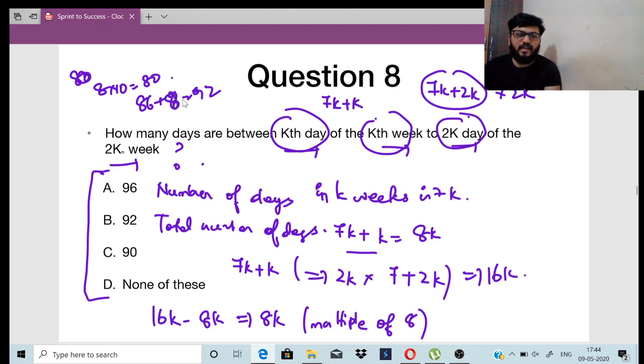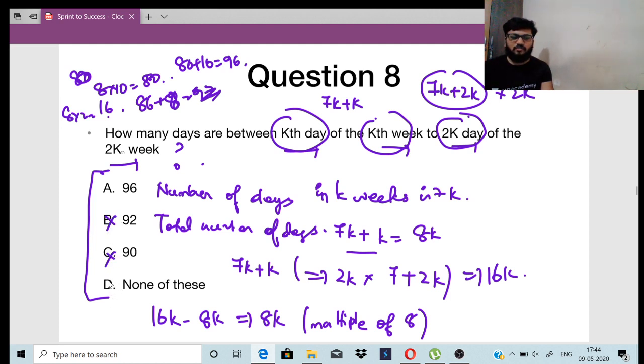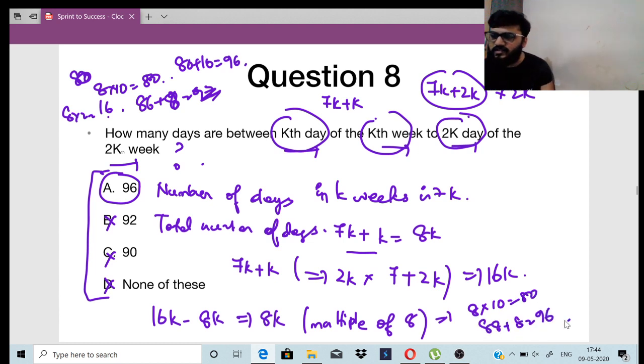Sorry, 80 plus 16, 8 twos are 16, so 80 plus 16 is 96. 92 is not a multiple of 8. 90 is not a multiple of 8. It is 96, a multiple of 8. 8 into 10 is 80, then 88 plus 8 is 96. So option A will be the right answer.